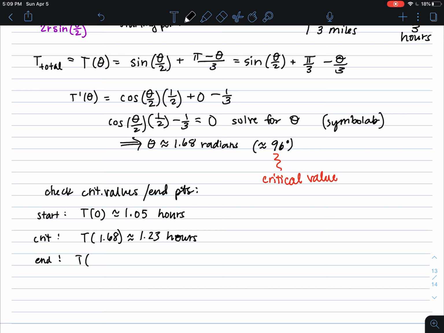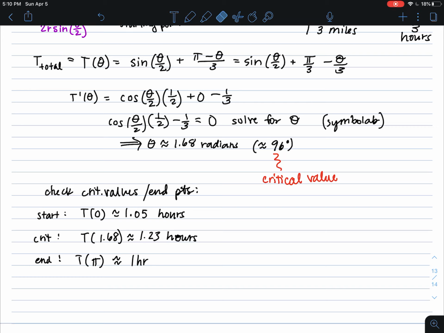And our ending point is at pi radians, which gives us a time, just so you guys know, I'm plugging these values into our original function t up here. So I'm just plugging 0 in for theta, or 1.68 in for theta, and pi in for theta. If I do that for pi, I get 1 hour.